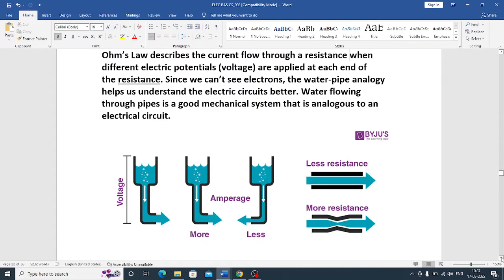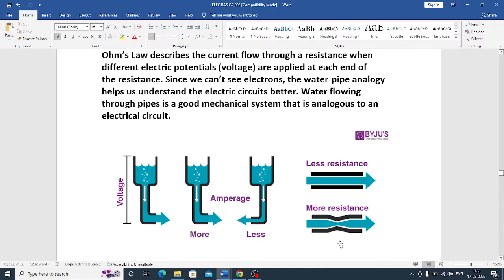One analogy is given here. Voltage means height of the water, ampere means discharge, resistance means area. If there is more area, more current will flow. If the area is lesser, resistance is more.